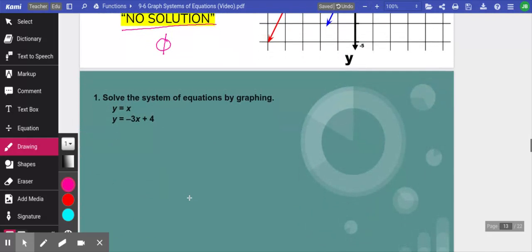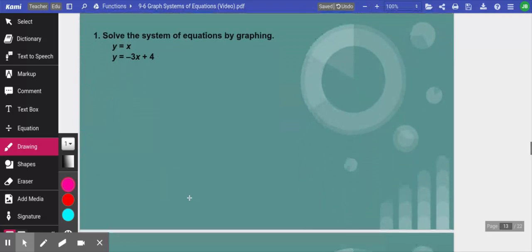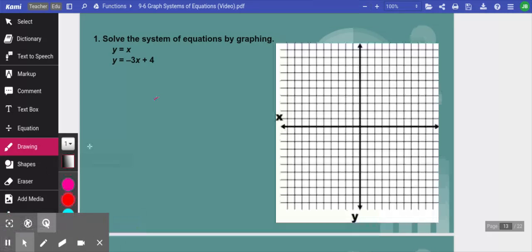Now, let's look at this example here. If we had y equals x, this is one of the problems that had come up a little while ago. Some students were asking, well, what about y equals x? So here's what we have to do. We have to graph and look at this as if it were to say plus 0.